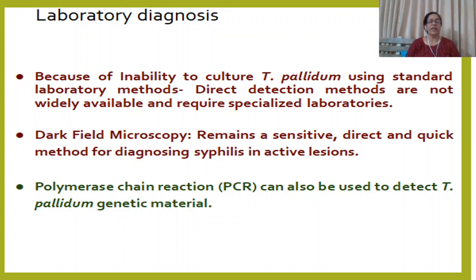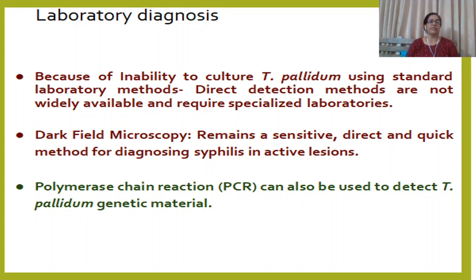Because of inability to culture Treponema pallidum using standard laboratory methods, direct detection methods play an important role. That is, after collection of samples, that is exudative material from the open lesions present on the body, one can stain them by using various techniques. This is the most reliable method.